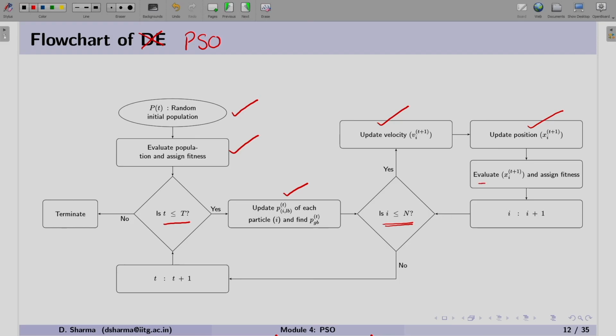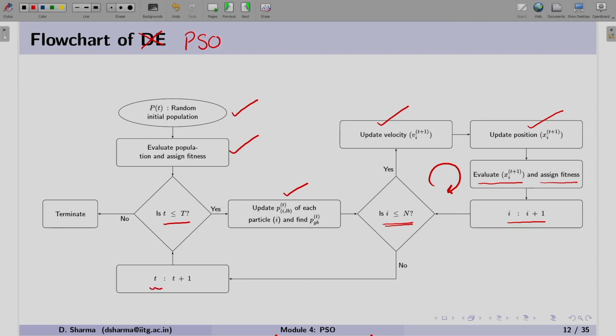Since it is new, we have to evaluate this particle and assign a fitness to it. Thereafter, we increase the counter by 1. This process is repeated until we have gone through each and every particle. In this way, we have calculated the updated velocity as well as the updated position of each particle.